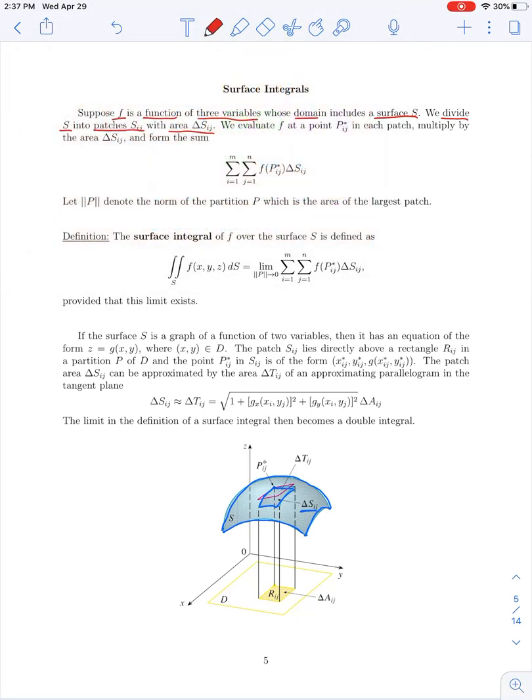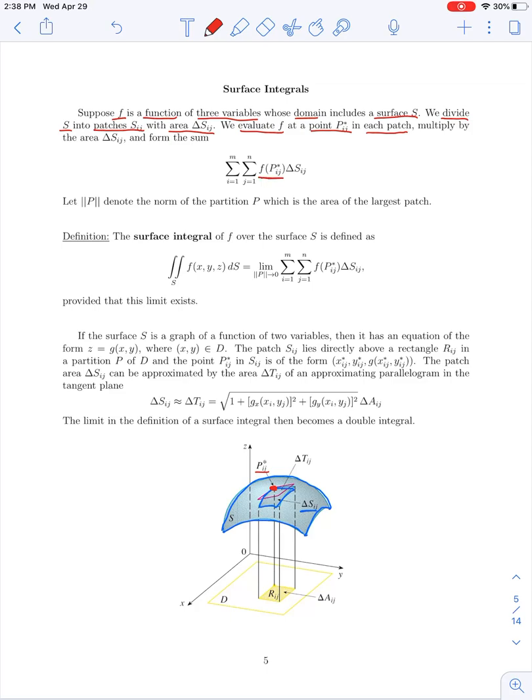Now, we will evaluate our function f at some point p sub ij star chosen within each patch. So for each of these little sub-patches, we're going to choose a point, p sub ij star, that lies within that patch, so maybe one of its corners or edges, and we're going to evaluate our function f at that point.